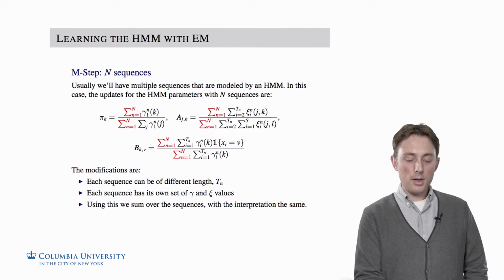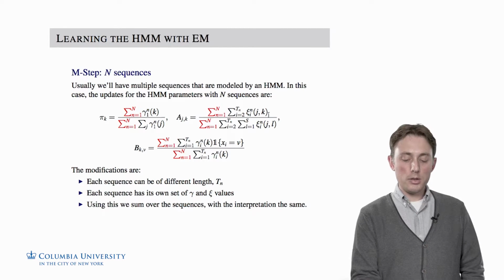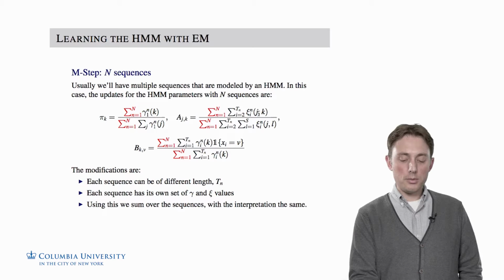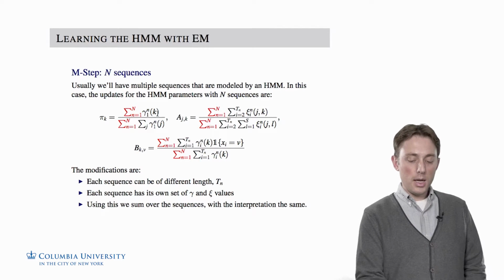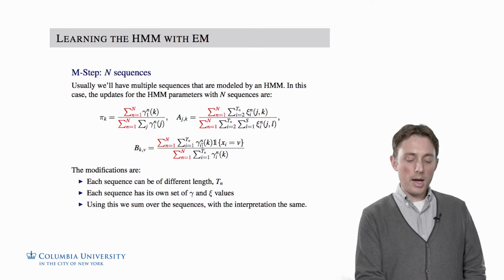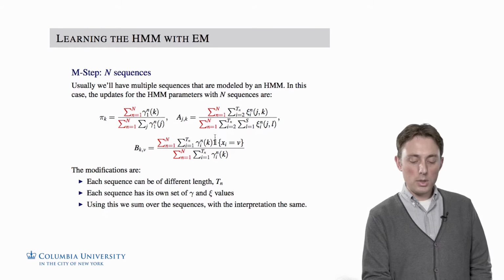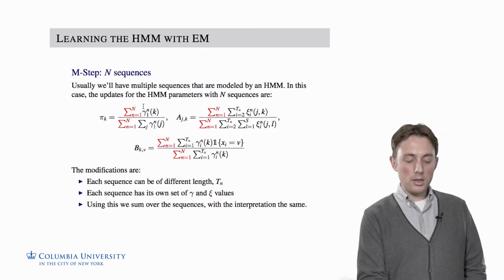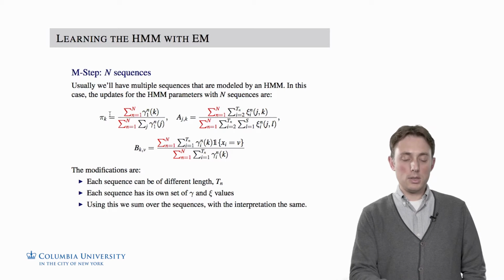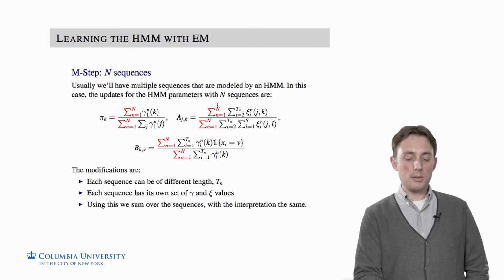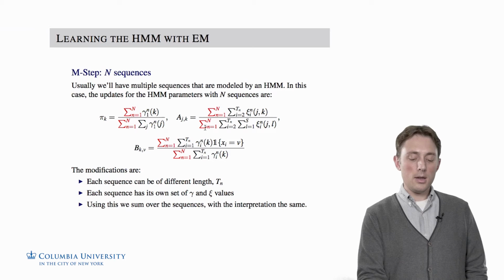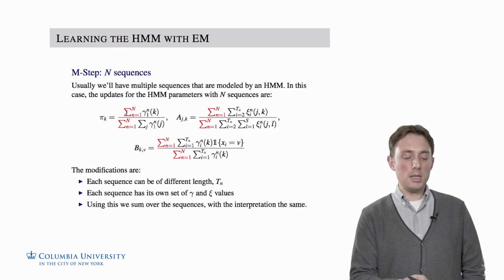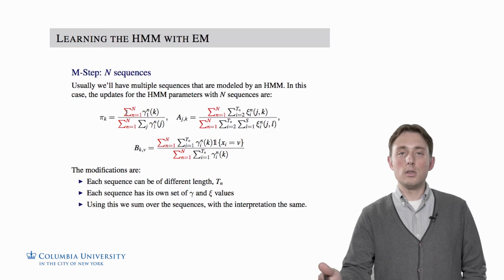So here we have a conditional posterior distribution of transitioning from state j to state k at time i in the nth sequence, and we have a conditional posterior of being in state k at time i for the nth sequence. We sum these things up over each individual sequence, then normalize, and we get something like this. Here, in red, I'm showing that we now simply sum these values over each sequence.